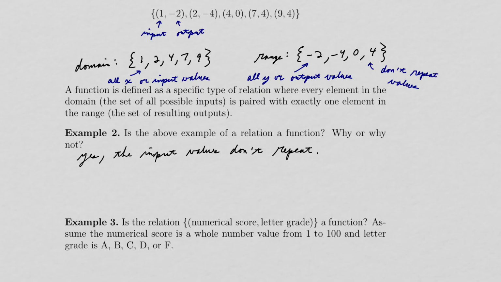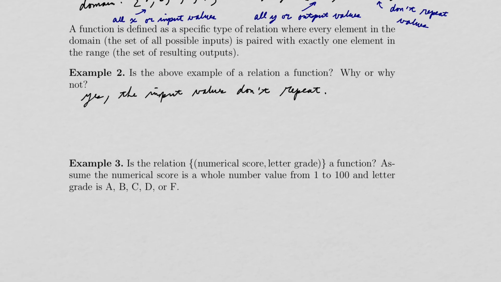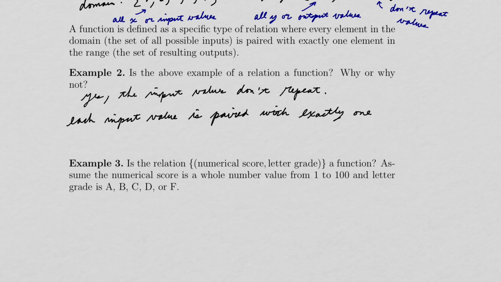Okay, so I'll summarize that here. Each input value is paired with exactly one output value. That's what makes it a function.